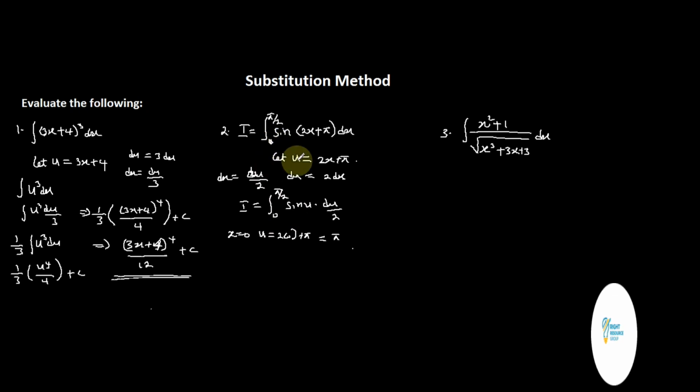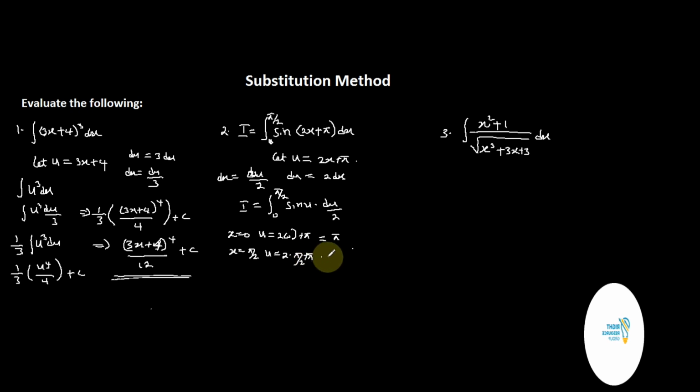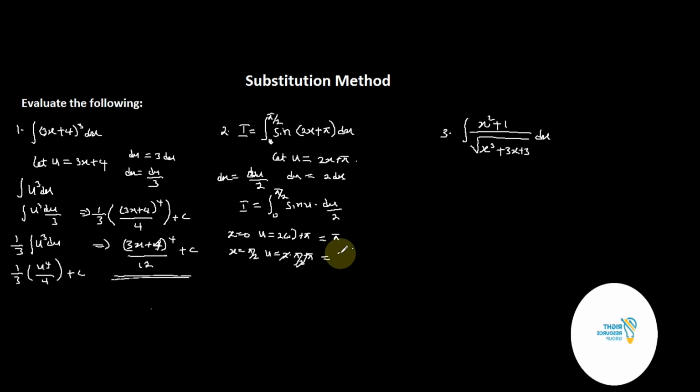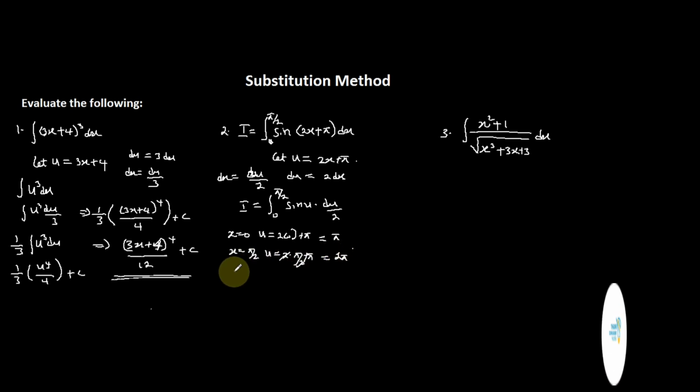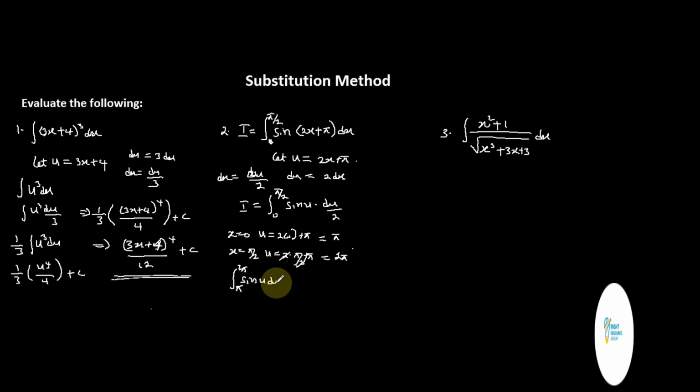So the lower limit will now turn to pi, and when x is equal to pi over 2, u is equal to 2 multiplied by pi over 2 plus pi, and the 2 will divide 2 there. We are going to have pi plus pi, which is going to give us 2 pi. So our limits will change from pi to 2 pi, and this will now be sine u du, with 1 over 2 outside there.